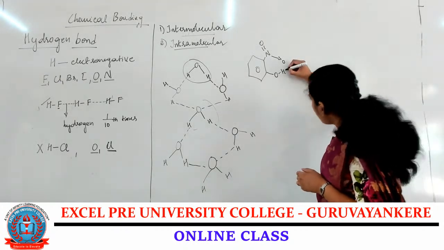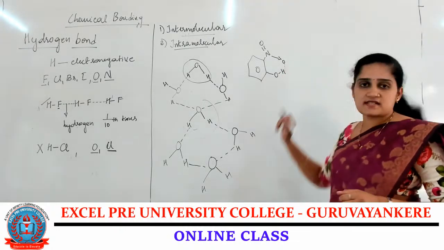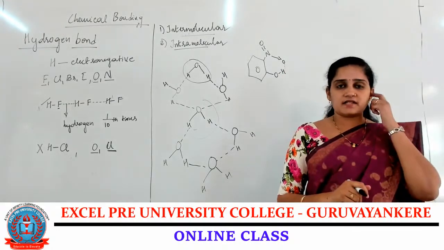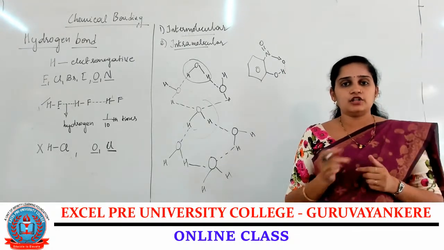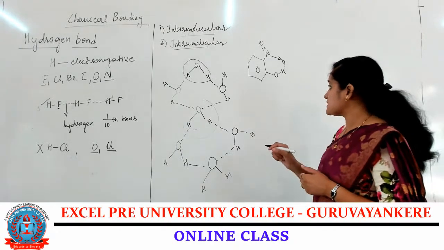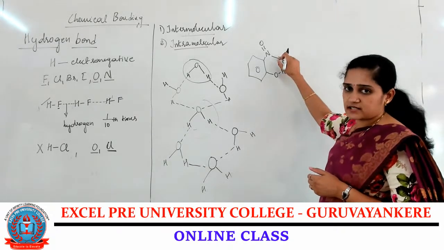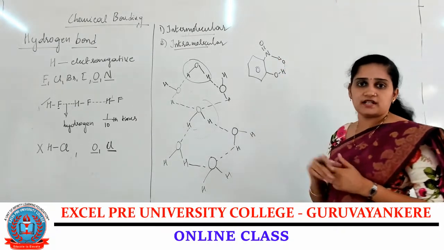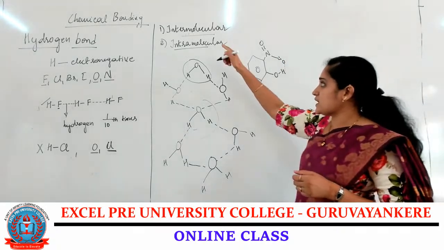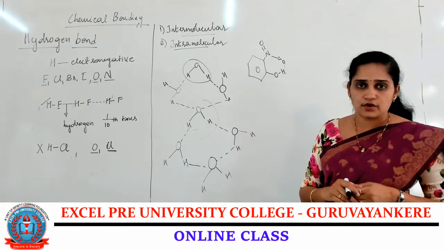In orthonitrophenol, between the hydrogen and oxygen, a hydrogen bond takes place. So it is nothing but intramolecular hydrogen bonding. Intramolecular hydrogen bonding is nothing but within the molecule itself, hydrogen bonding takes place between hydrogen and the most electronegative element. So it is of two types: one is intermolecular and the other is intramolecular hydrogen bonding.